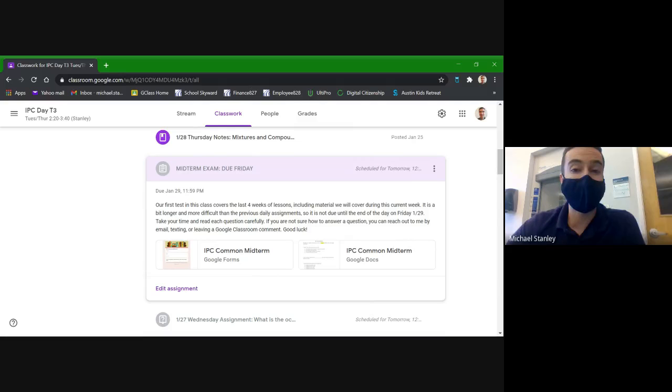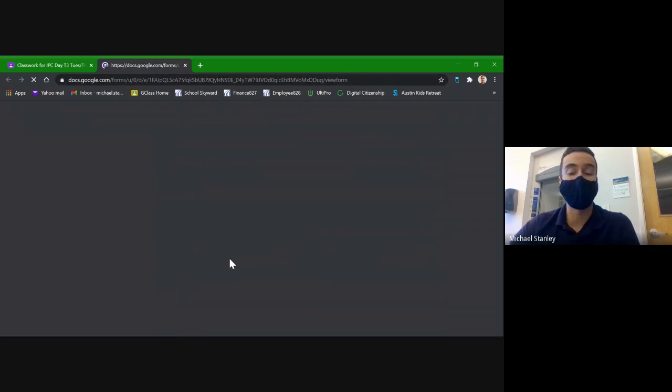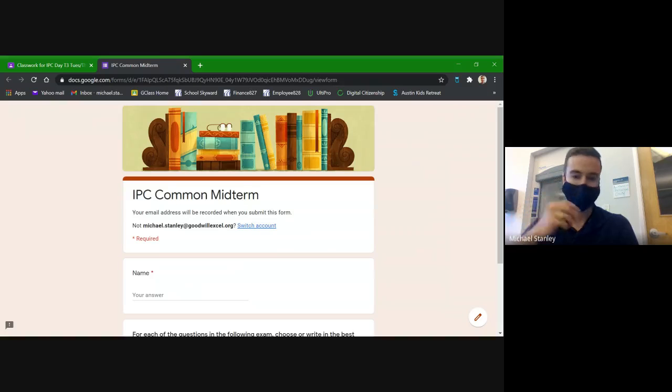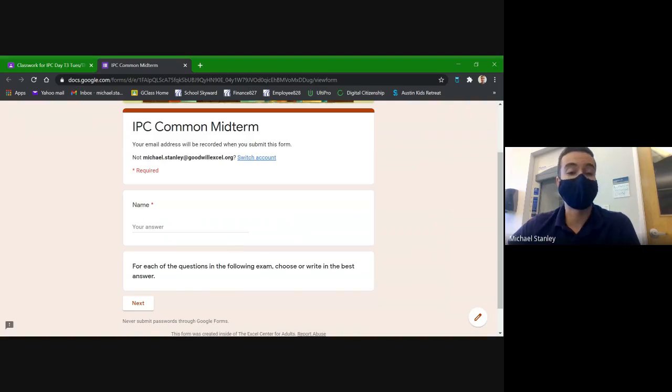Just like with any of your other assignments, there's the Google Forms version and the Google Docs version. The Google Forms version is a little bit different than the other ones, just because I have it separated out into sections. When you first open it up, it'll just have a place where you can put in your name, just so that it helps me keep track of who's turning in which assignment.